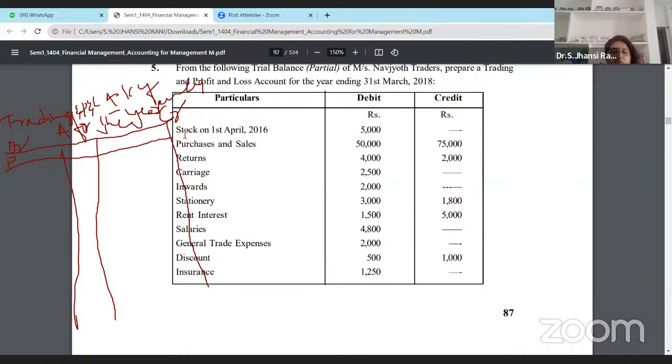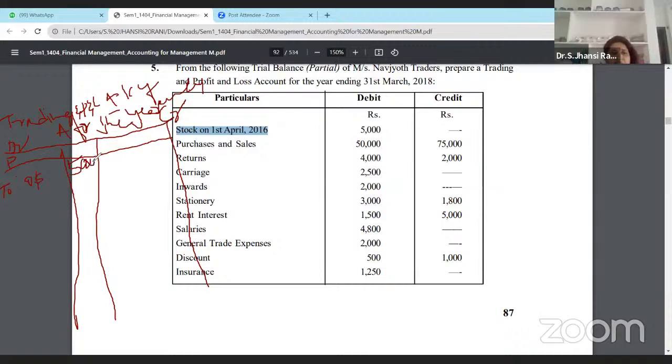So here first, what is the first one given to us? Stock on 1st April 2006. What I said, it is an opening stock to us. So whenever it is an opening stock, we write like this: to opening stock. And amount column 5,000.